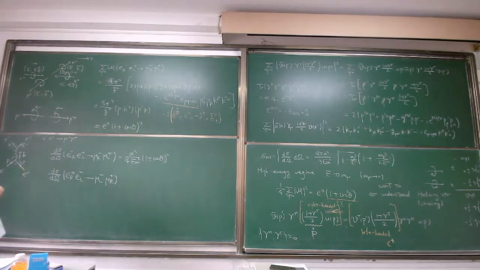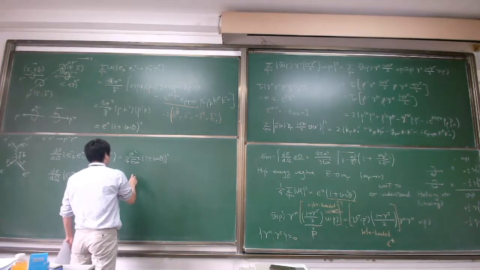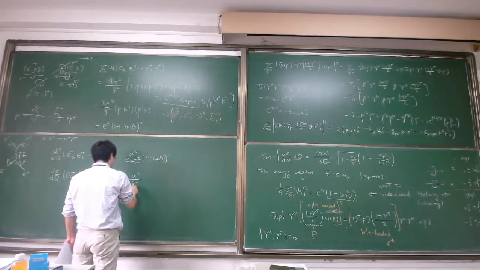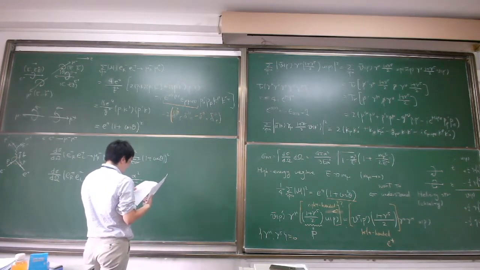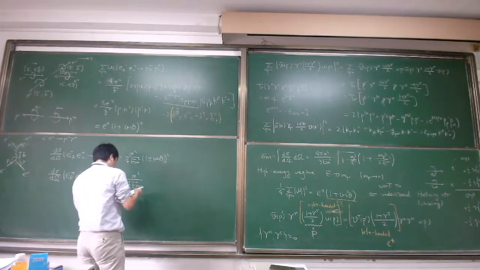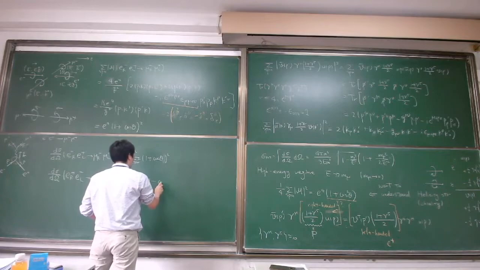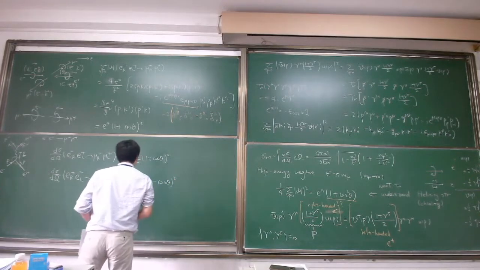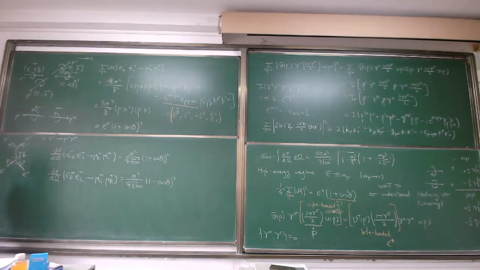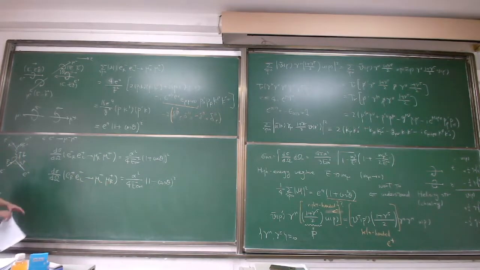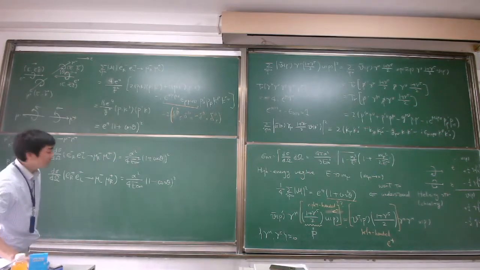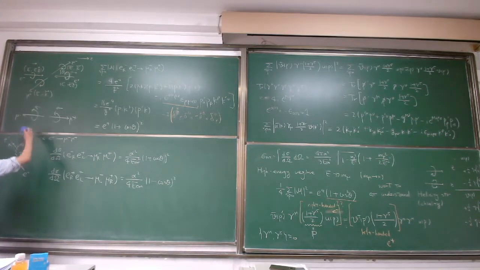At the end of the day, what we get is just a sign difference: one minus cos theta. So this also makes sense. We now change the chirality for the final states. So therefore, here it becomes the opposite. The current becomes opposite.